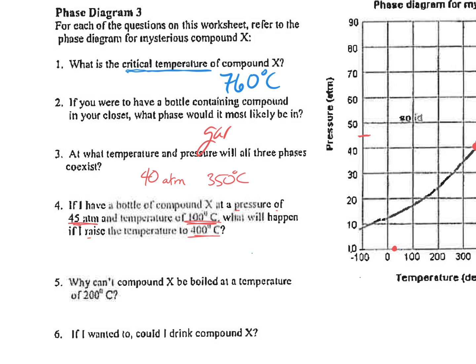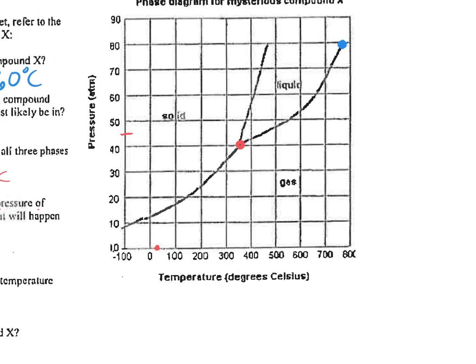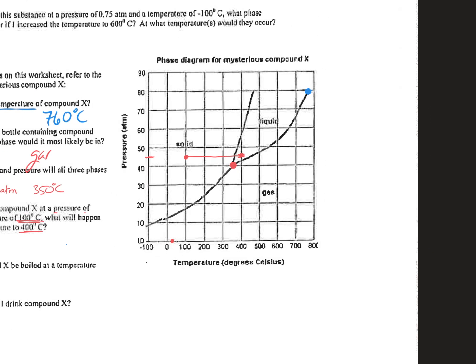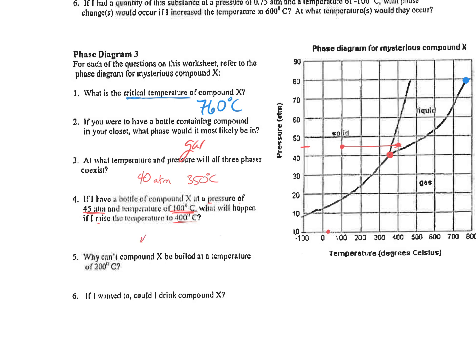And we're going from 100 to 400. We're going to go through there. We're going from solid to liquid, so that's melting. Hope you can see that that's what's going to happen on that graph.